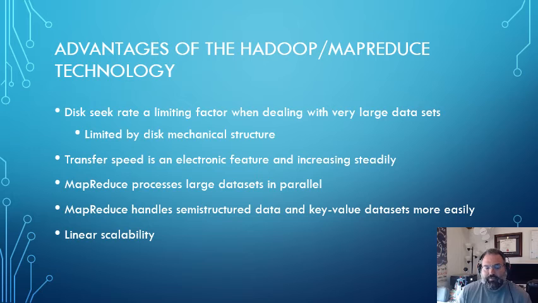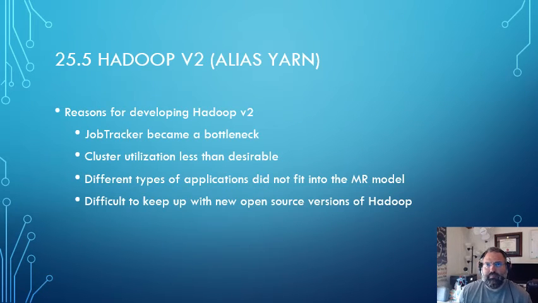It handles semi-structured data very well and does very well with key value pairs as well. And it is essentially linearly scalable so that you can add more hardware and it just gets bigger and faster. It's not something that decreases as you add more, which some things do. You may have something that's essentially an exponential sort of growth where it starts tapering off, or a logarithmic growth. It starts tapering off as you get near the top.